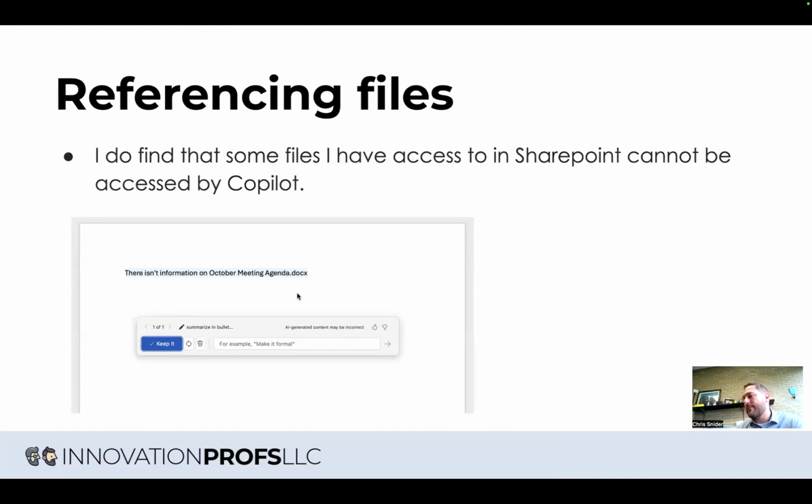So I have found that some files I have access to in SharePoint cannot be accessed by Copilot. Again, that probably gets into a permissions thing that I don't fully understand, but that's an experience I've had when I really dig in to try to find files and some of them don't work.